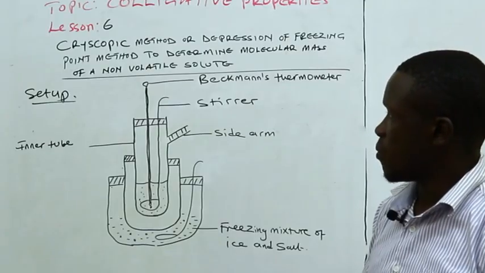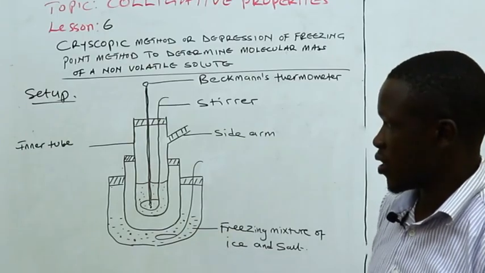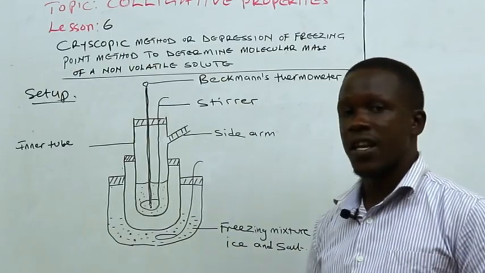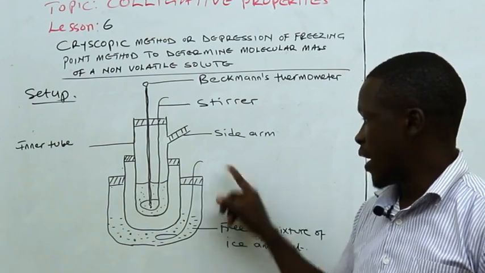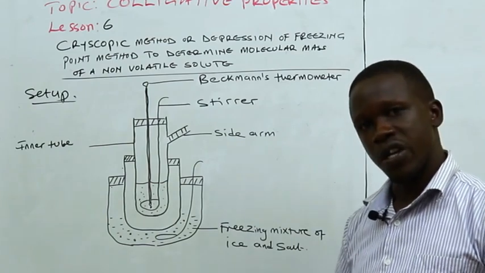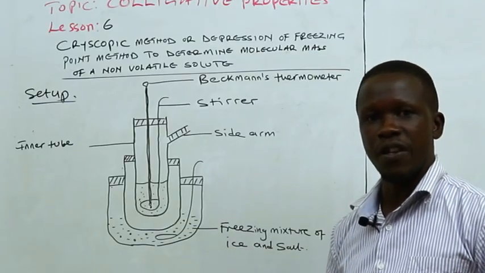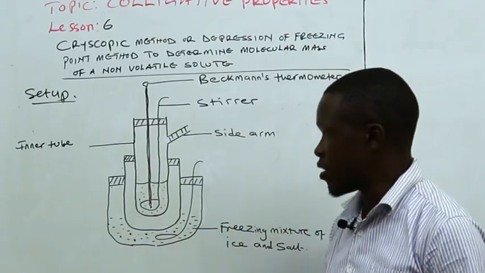Otherwise, clinical thermometers may not detect the small changes in temperature. In the inner tube, there is also a stirrer, and even in the freezing mixture, there is also a stirrer, to ensure continuous stirring of the mixture and continuous distribution of heat throughout the mixture.